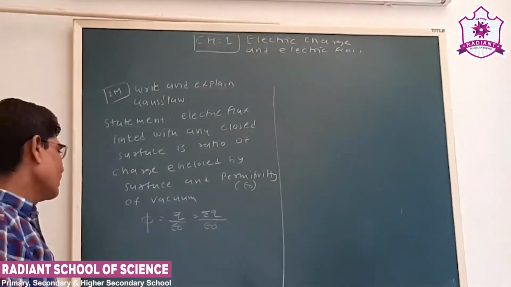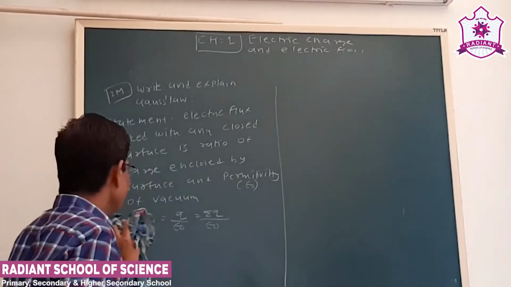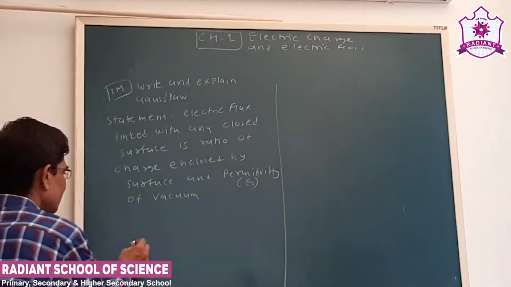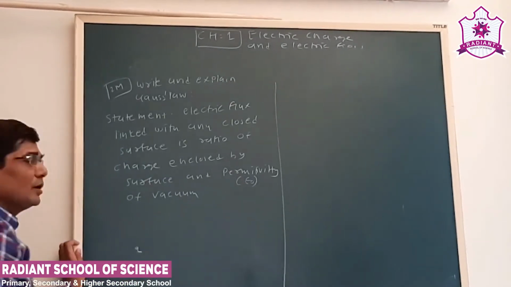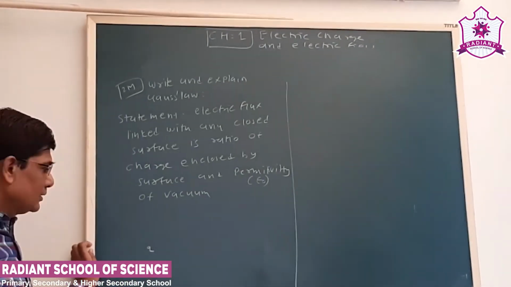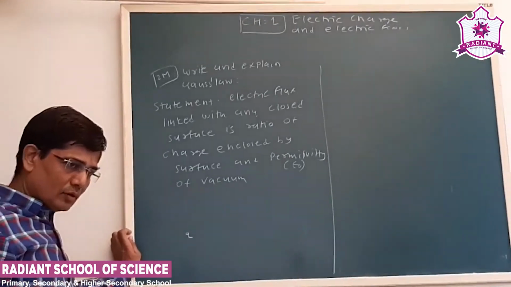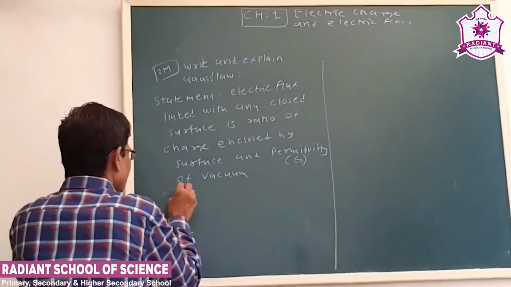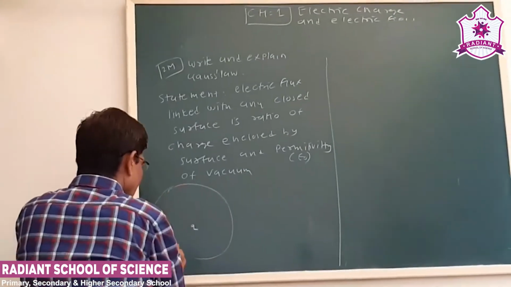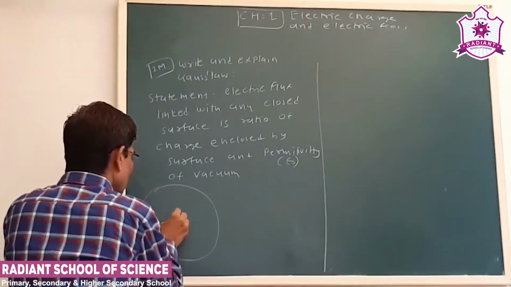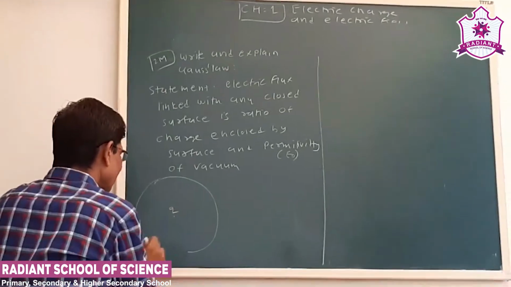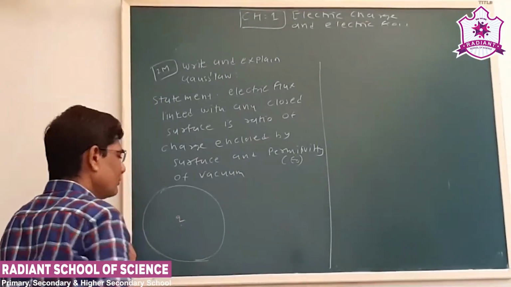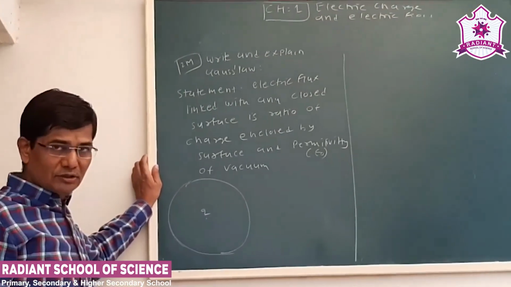Now we have to give the proof of this. Now we assume that, let us say, Q charge is at the origin or the center of an imaginary sphere. One thing we have to keep in mind: whatever surface we consider or assume is called the Gaussian surface.